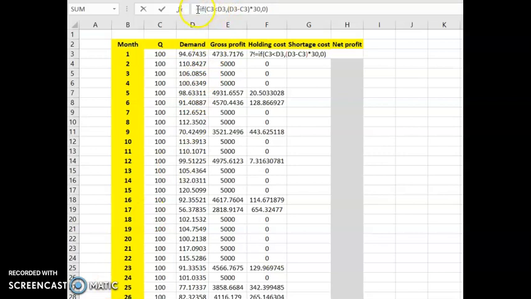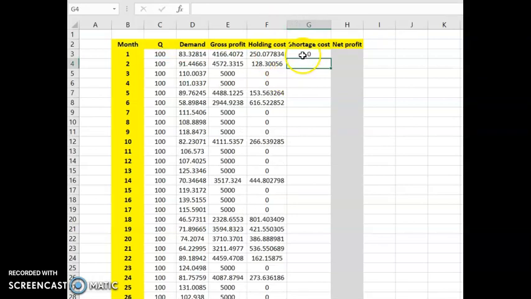It checks first, because shortage cost happens only if demand is greater than Q. So the first thing it checks is whether C3, that is Q, is smaller than D3, that is demand. If so, it takes the difference between them, D3 demand minus C3 Q, times 30, that is the cost of shortage per router, and otherwise it would be 0.